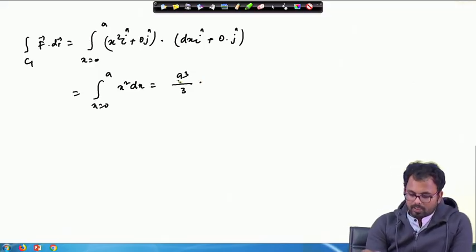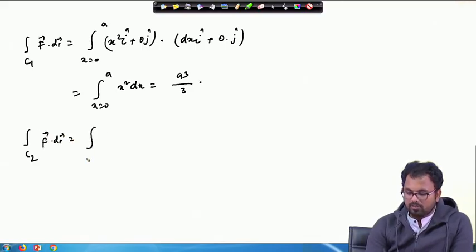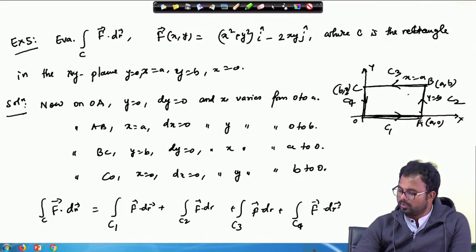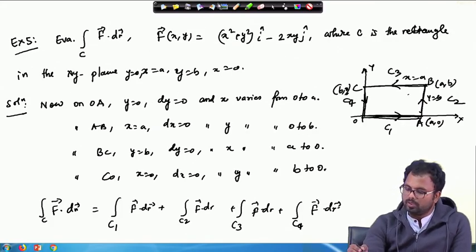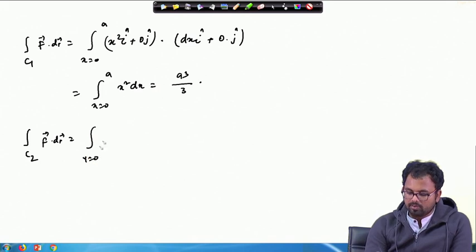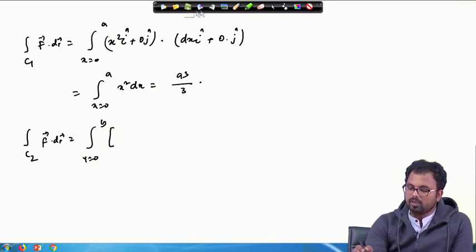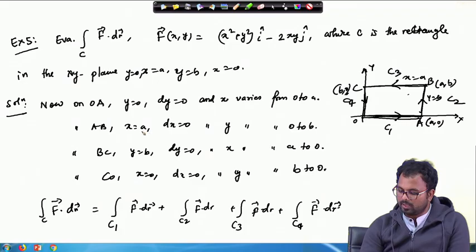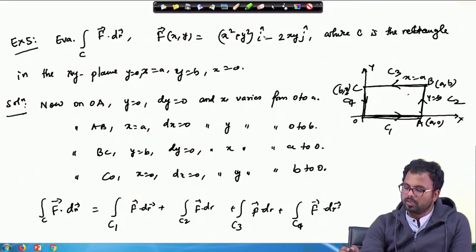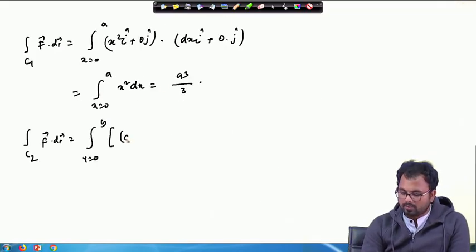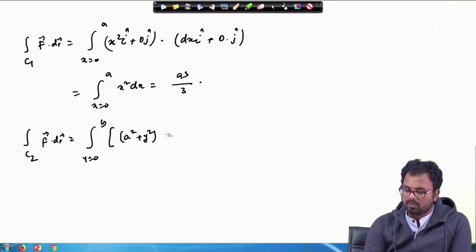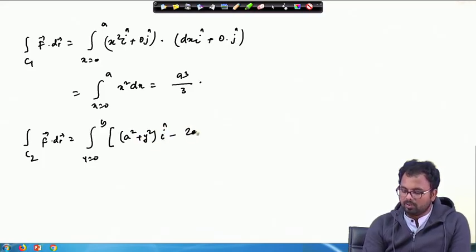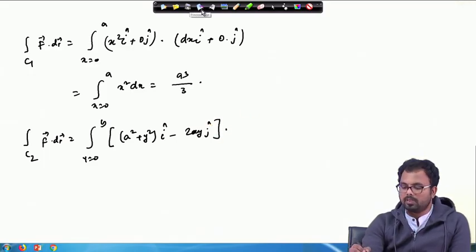And similarly, we can calculate the integral over C2 of f dot dr. Here y is varying from 0 to b, and x is a. So, x square plus y square, I can write this as a square plus y square times i minus 2ay j, and then dot product with dx i plus dy j.